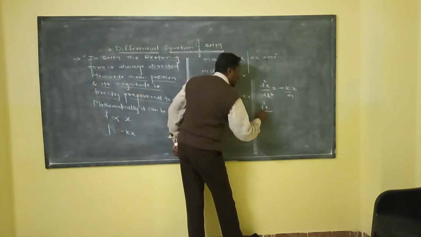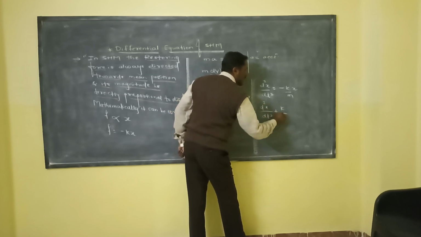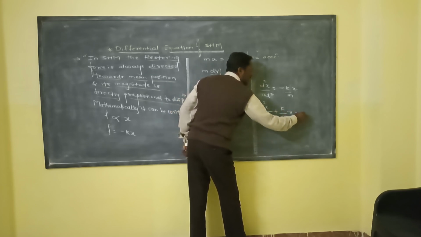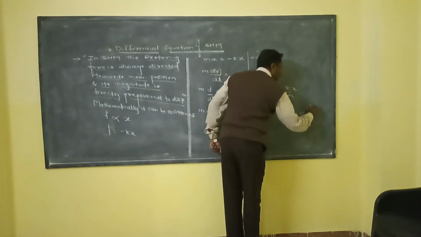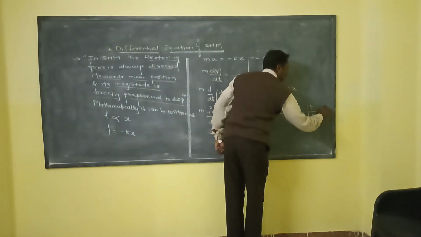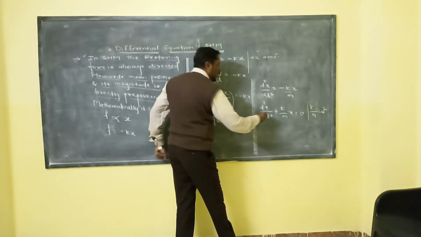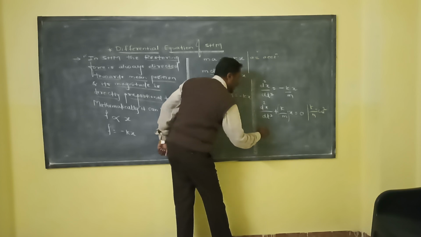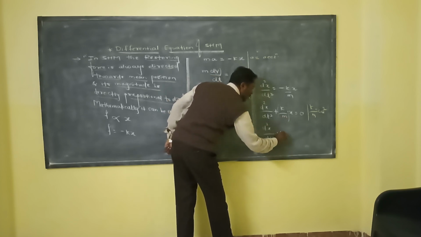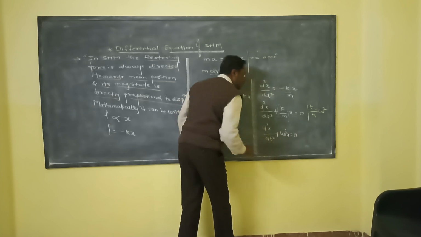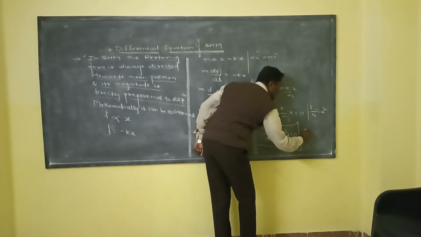Or d square x by dt square plus k by m into x is equal to 0. Here the factor k by m we write as omega square, where omega is the angular velocity. So finally it becomes d square x by dt square plus omega square x is equal to 0. This is the differential equation of SHM.